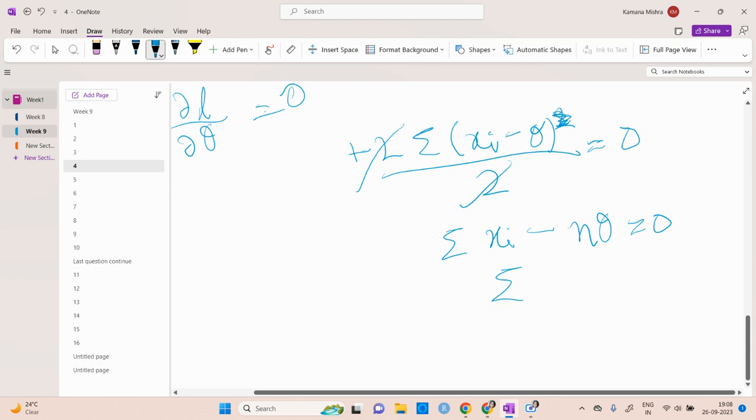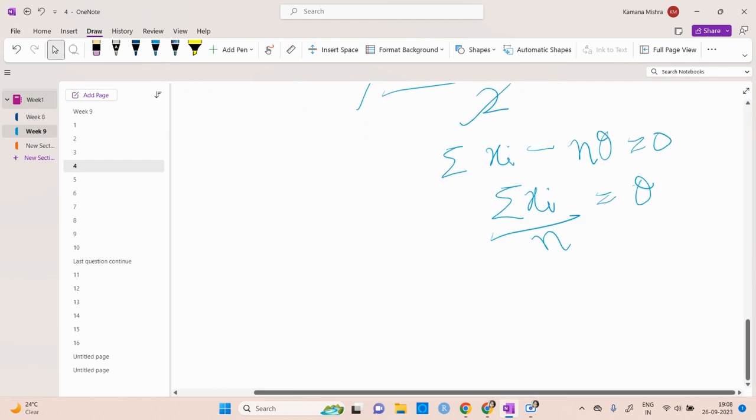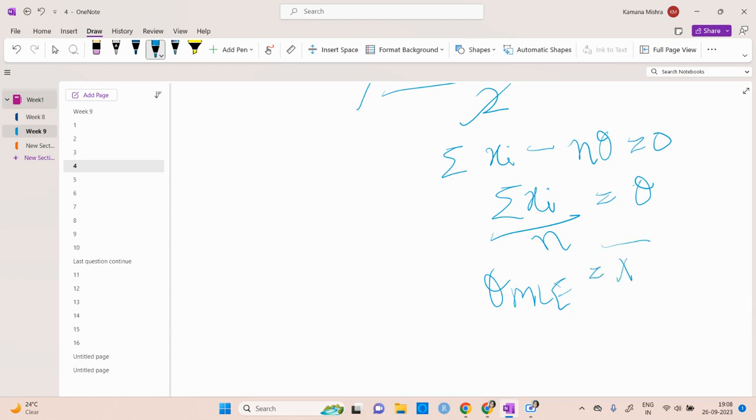So summation xi by n is equal to theta. So theta MLE is x bar. Now we have found theta is equal to x bar.